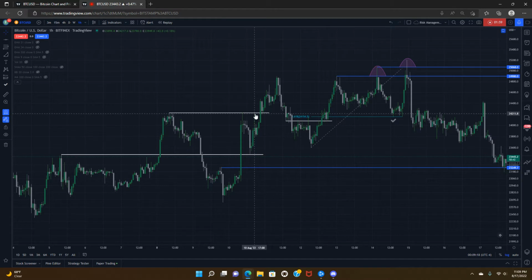Price comes up, tests that high again, comes down, breaks back above, closes above, tests down, tests right there, rallies up, comes down, comes to this level. You have this level right here where price is basing off it. You can see right there, comes up, tests it, comes down, breaks above it, comes down, tests it, rallies up.